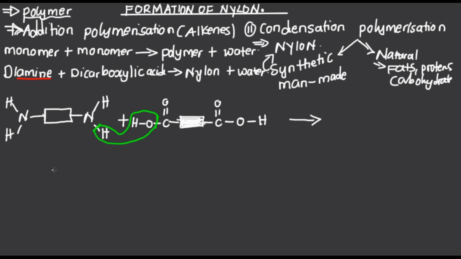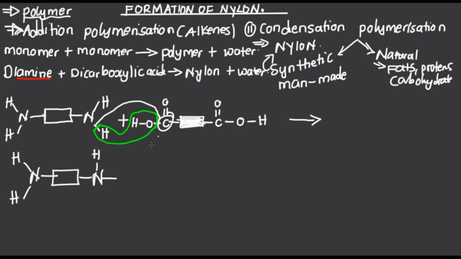Therefore, we connect what remains. I'm writing the first box, we have this bond here, this nitrogen with its hydrogens, then this nitrogen and this hydrogen. Now this remaining bond will connect with the other remaining half, giving us a complete bond.